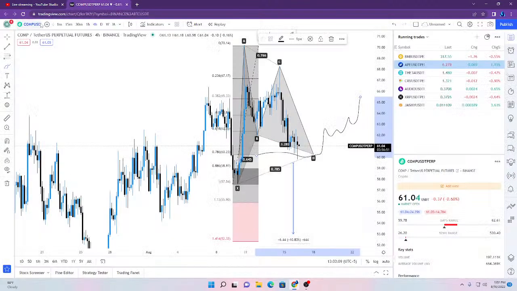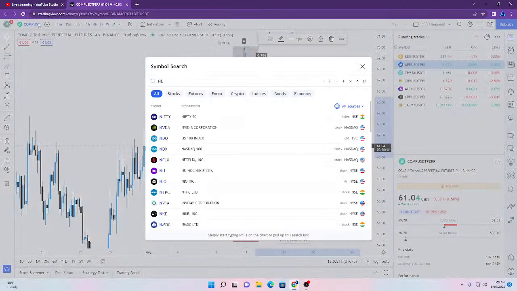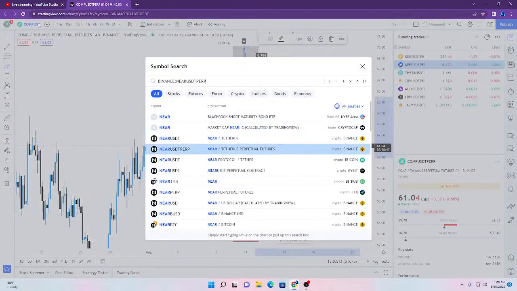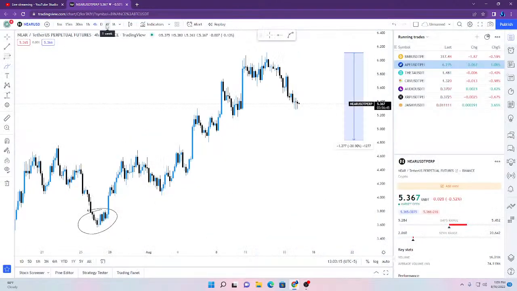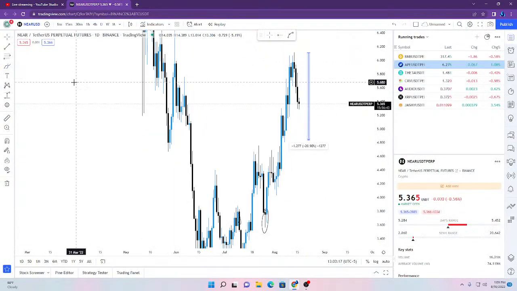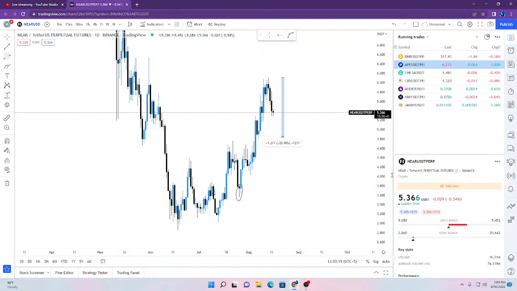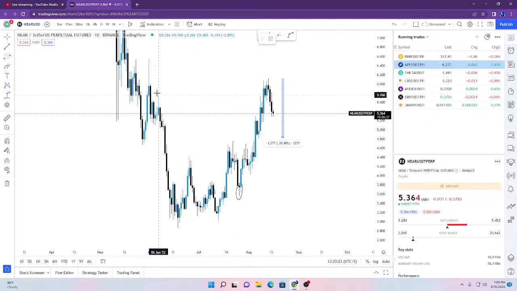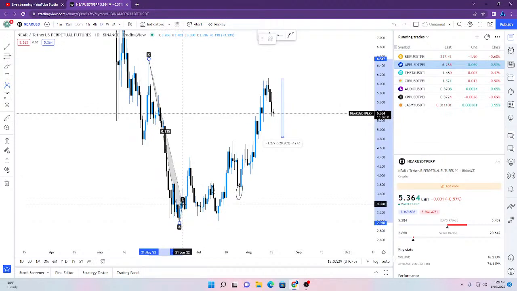Okay, let's see how NEAR is working. I was looking at NEAR earlier too. NEAR on daily was very bullish, very bearish, sorry. NEAR on daily was very bullish. We saw a bearish harmonic on this too. From here we saw a bearish harmonic on NEAR.